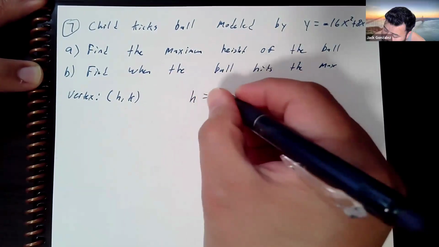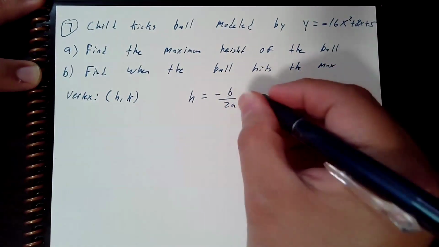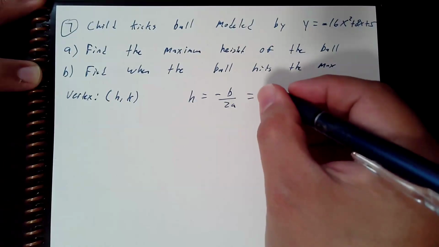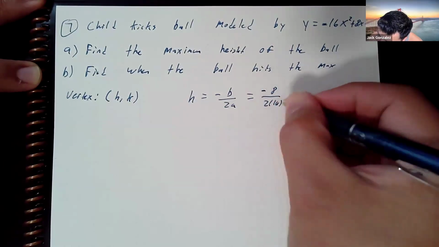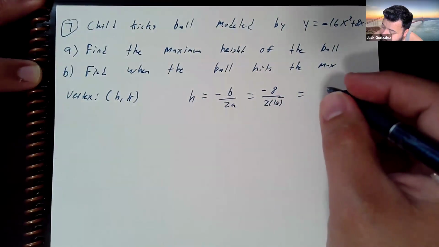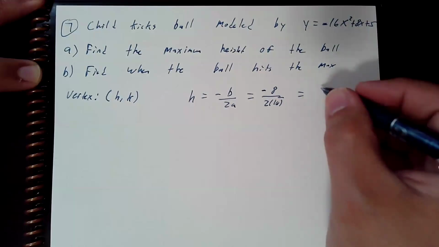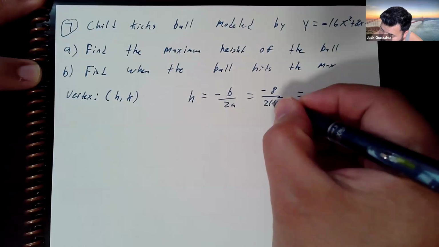H is equal to negative b over 2a, which will be negative 8 divided by 2 times 16, right? Sir, it's a negative 16. Oh yeah, thanks.